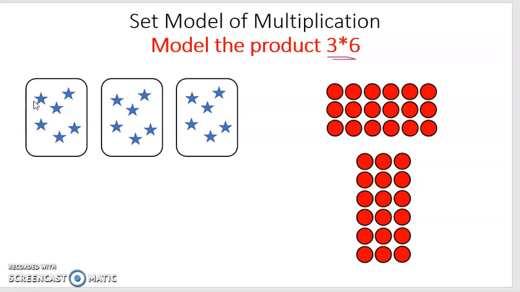In the figure on the left, I've got 3 sets, each of which depicts 6 stars. So 3 sets of 6 would be the total number of stars in the 3 groups.